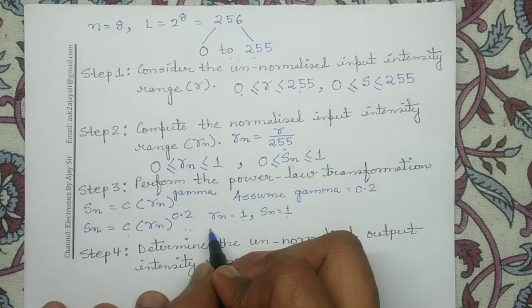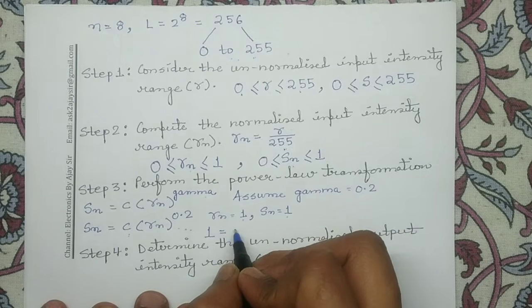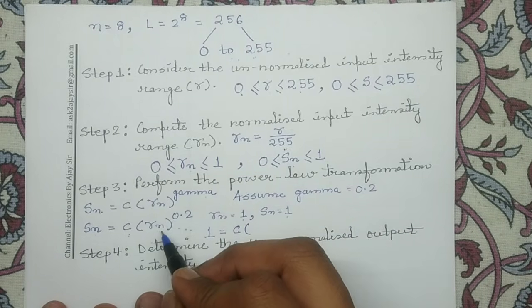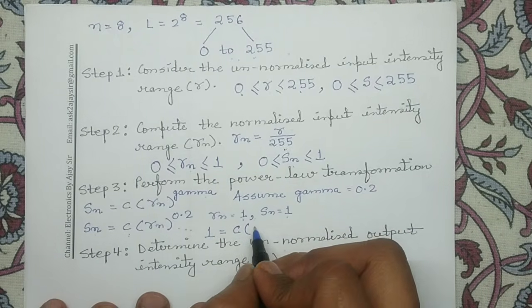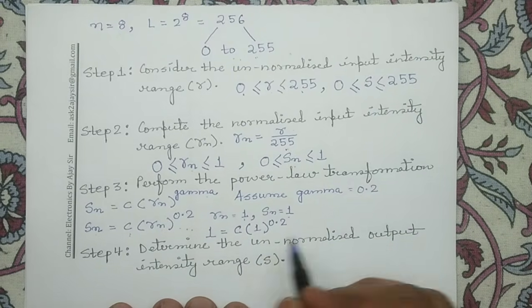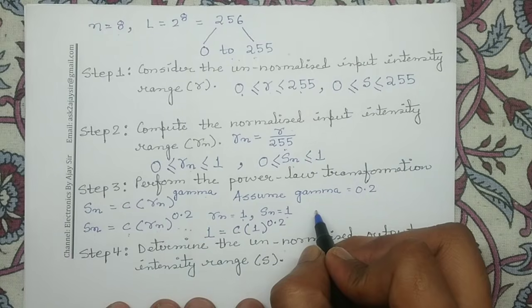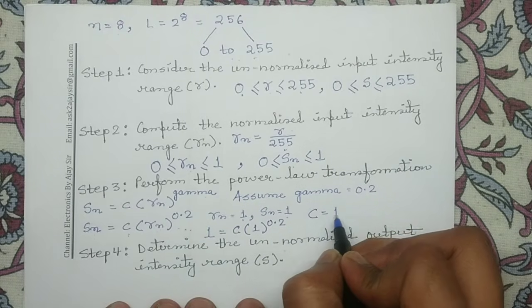If you do the substitution, in place of Sn, I will substitute 1 equals C into, in place of Rn, I will substitute the value 1 to the power 0.2. If I solve this expression, I will get the value C equals 1.